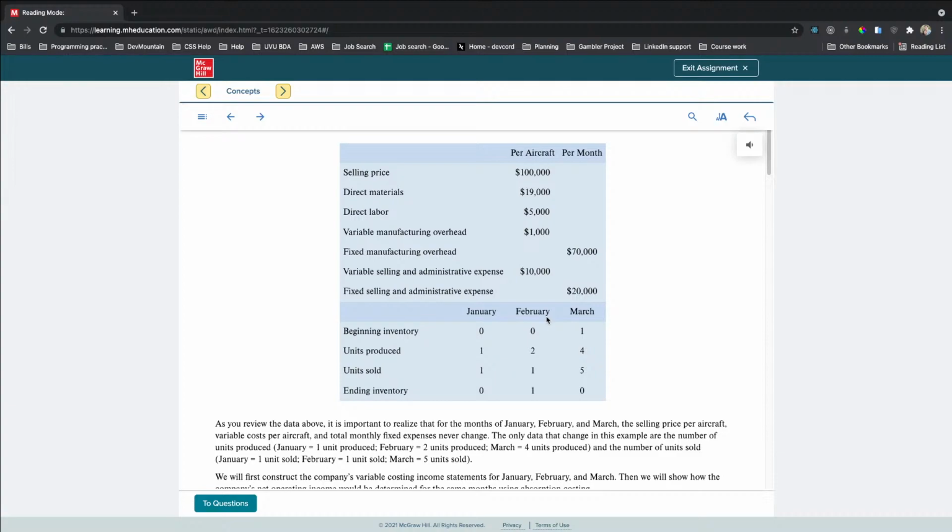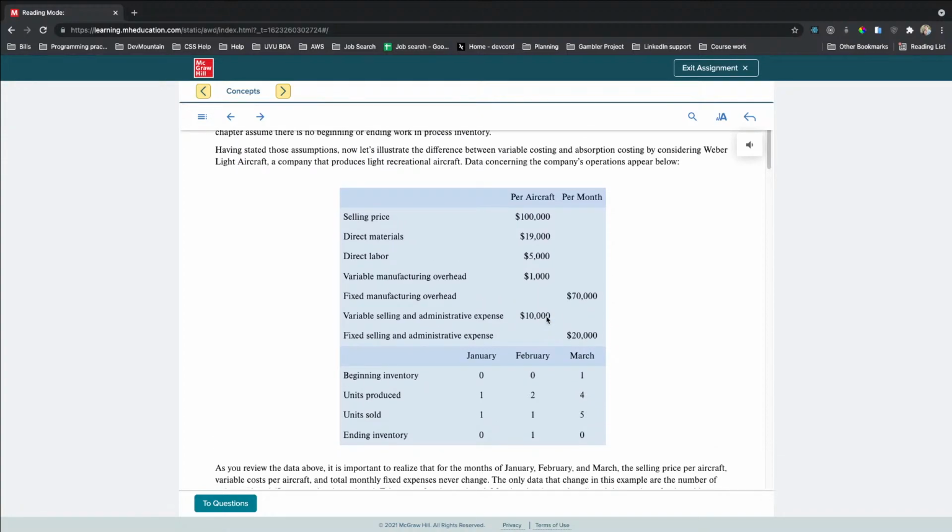$65,000. Okay. And then we can subtract that by our fixed costs, which would be 70. Did we have a date?